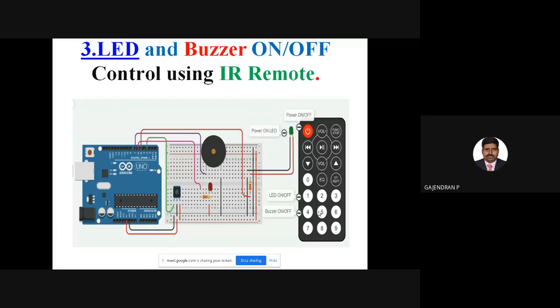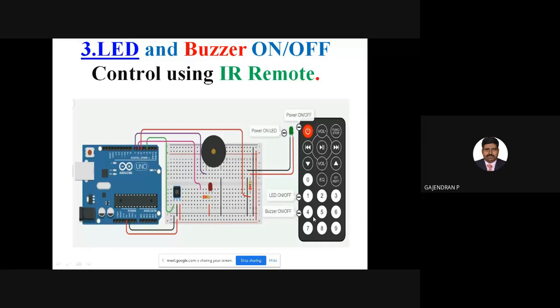Then whatever the channel is on the TV, if you immediately press the off button, what happens? Immediately your TV will get turned off. In the same analogy, we are going to do this control. We are going to control 2 appliances. For that, point number 1, we are going to use one master control, followed by individual buttons. Here in our case, button number 1 is for LED on off control.